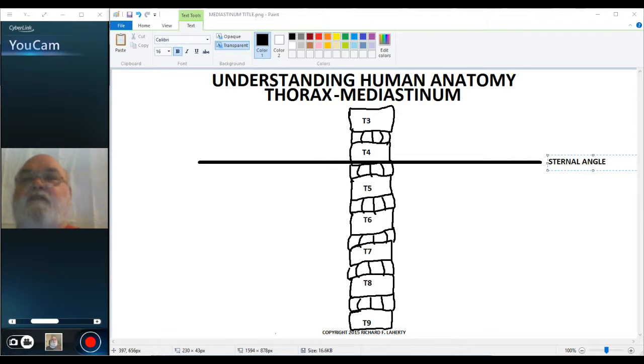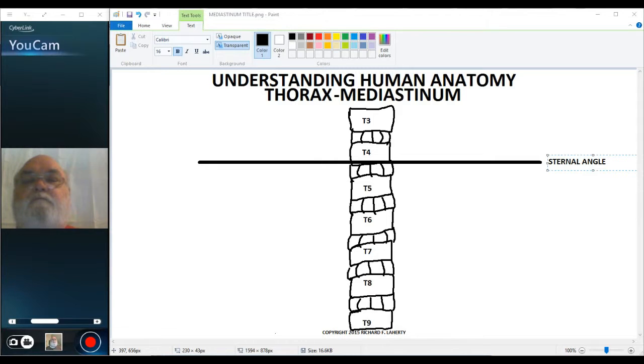In other words, as the diaphragm moves, the heart will move with it, and it will take other structures along with it as well. The lungs also move. They're not in the mediastinum, but they're also changing position.